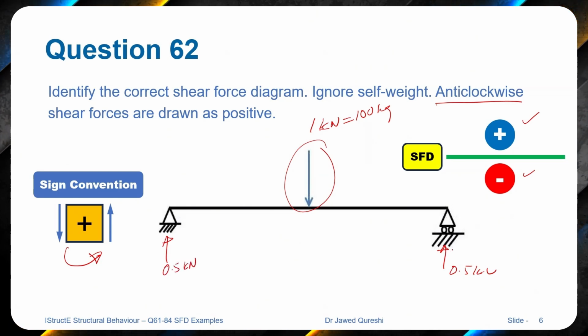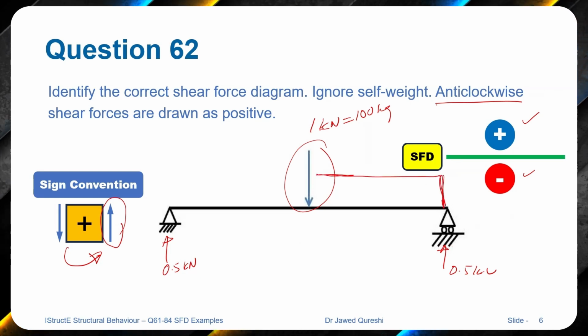As reactions are upwards, and when I have anti-clockwise shear forces, I will always start from the right side, which means that the diagram here is going upwards and upward forces are positive, so I will draw it in the positive direction, and between the end point and the point load there is nothing, so the shear force diagram will go straight, and this is the positive side. At this point where the point load is applied, I have 1 kilonewton, which means that it will bring the shear force down.